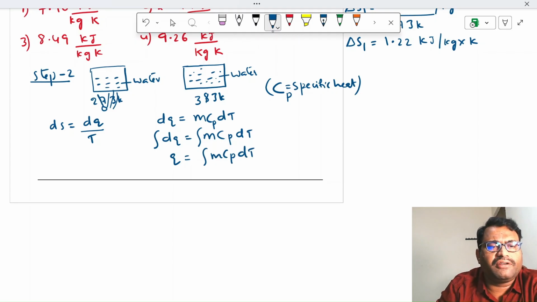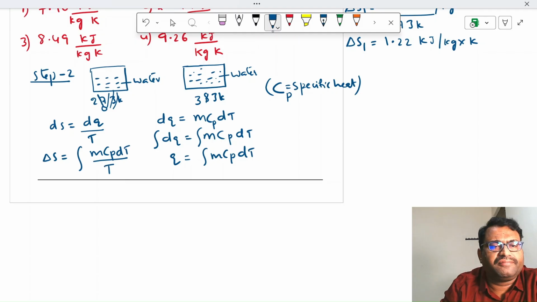Substitute this Q here, so delta S can be written as the integration of m Cp dT by T. Instead of dq, we write m Cp dT. Mass is already given as 1 kg.